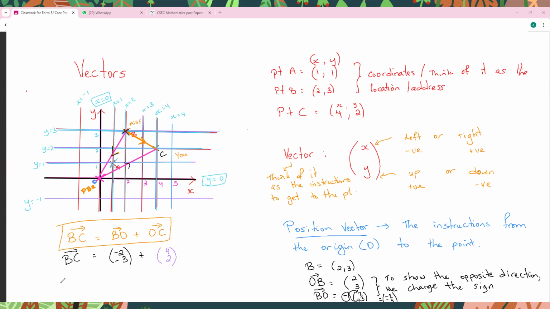Now, in vectors, we can add and subtract vectors. When you do it, you can add the x's and you can add the y's, right? So you always add or subtract the corresponding elements. So in order to find out what is BC, we're going to add.